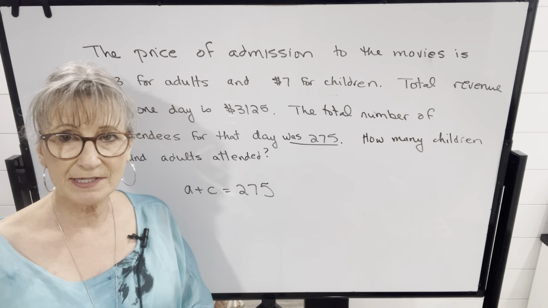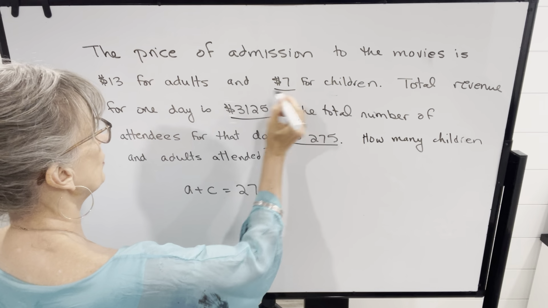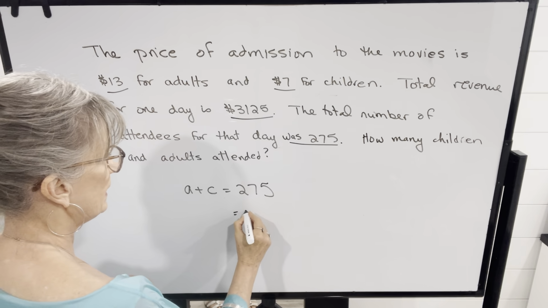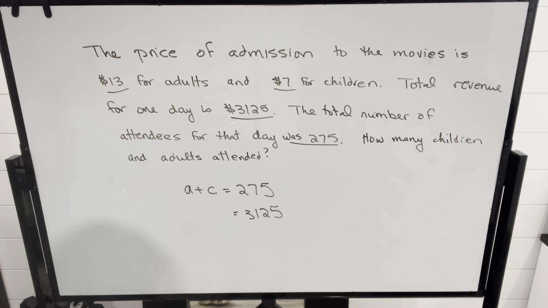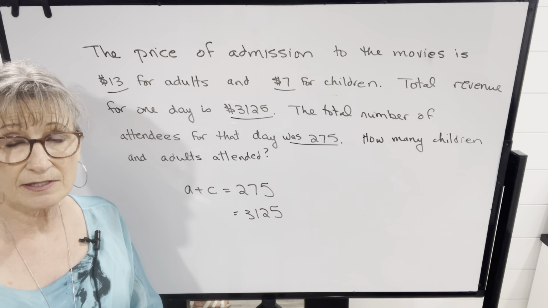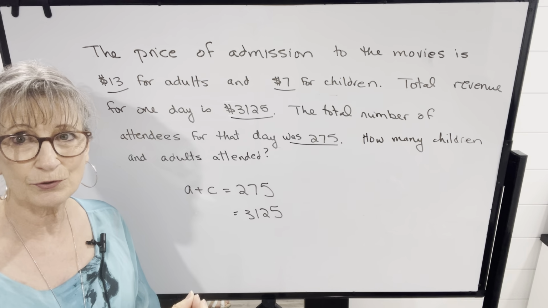I need a second equation. In order to obtain my second equation, I'm going to be looking at the revenue and the price. So my total revenue is $3,125. The revenue I obtained for my adult tickets was the number of adults that attended times the ticket price of 13.